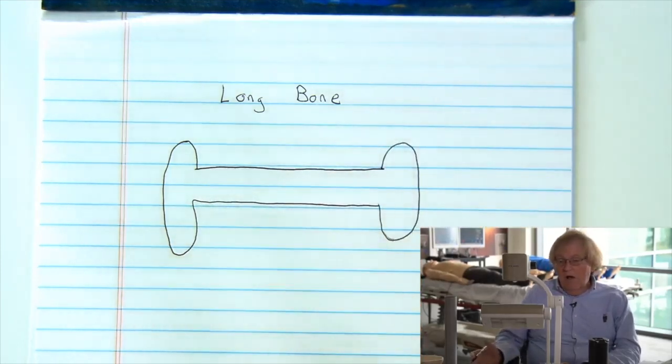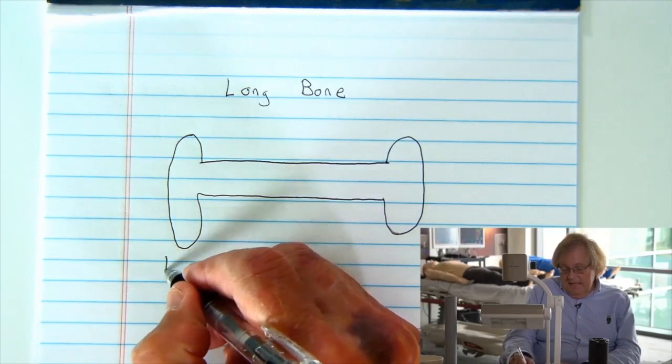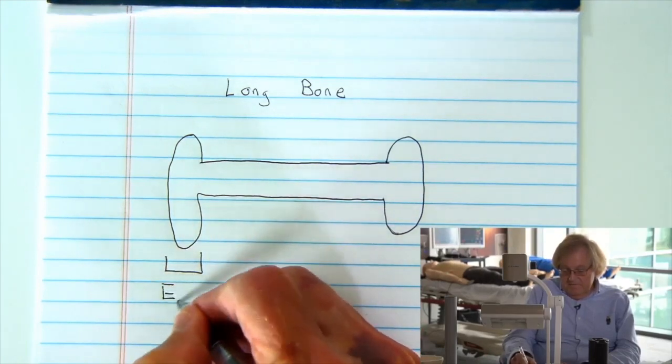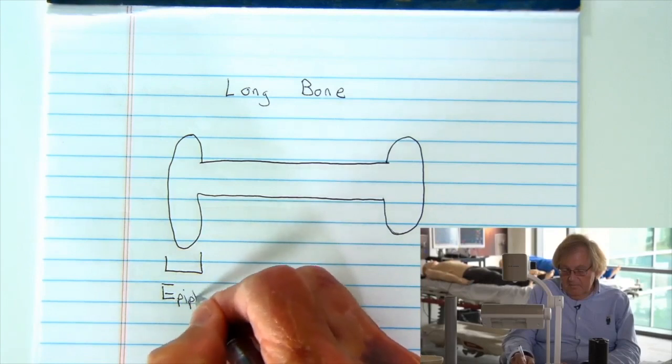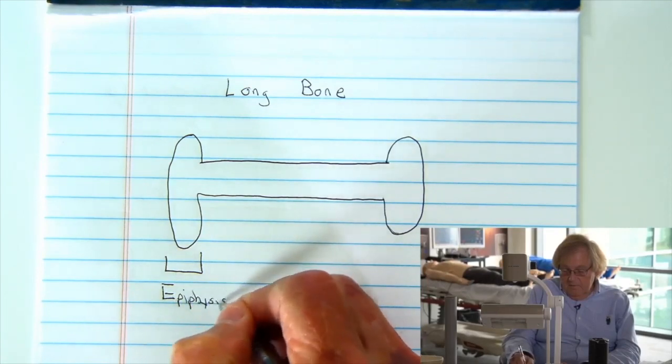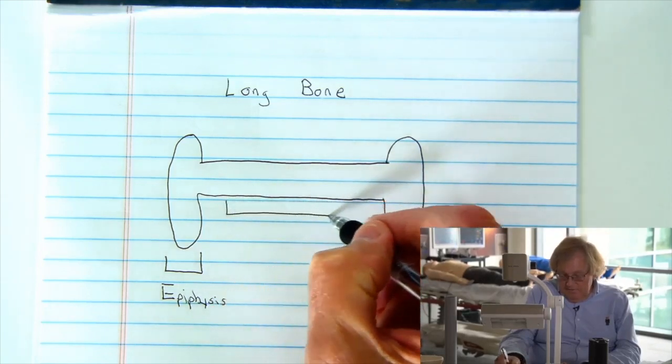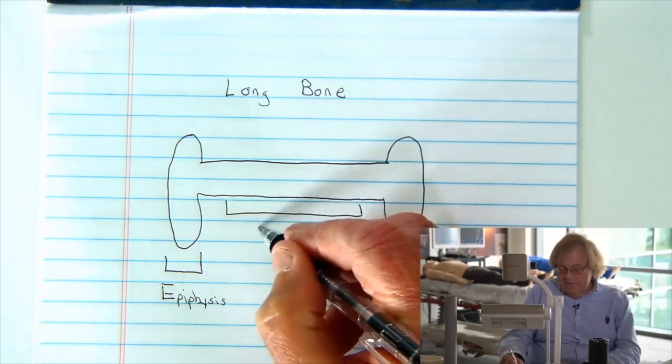It's called long because it is long. It's longer than it's wide. And when I look at a bone, I know that there's an end of a bone called the epiphysis. I know that there's a shaft of a bone called the diaphysis.